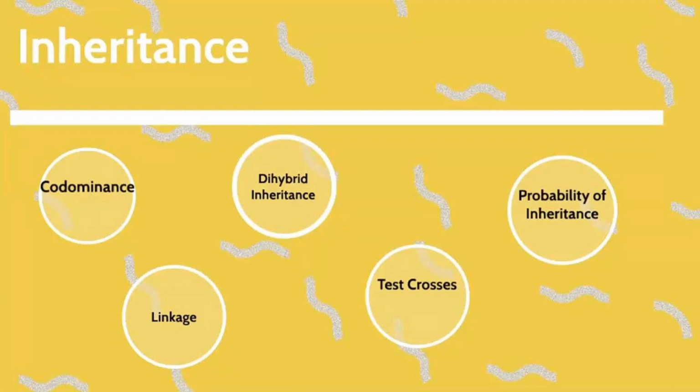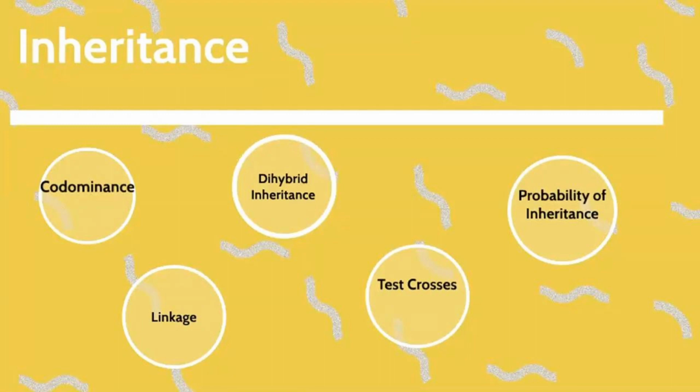So for the mother, she can only give a blue eye allele, which means that any gamete she produces will have the blue eye allele, but the father can either give a brown eye allele or a blue eye allele. So the offspring of this match will be either, there are four options, it could be brown eye, blue eye, brown eye, blue eye, or blue eye, and blue eye.